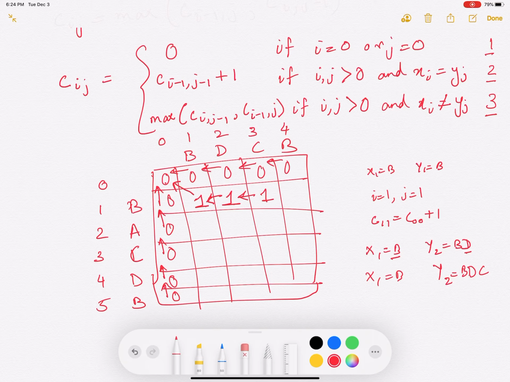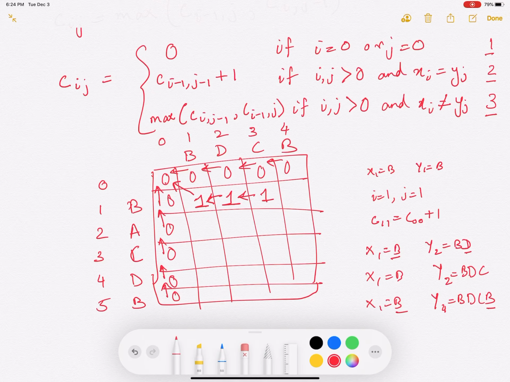Now let's look at this box. This box is x1 equals B and y4, which is BDCB. The last characters match.